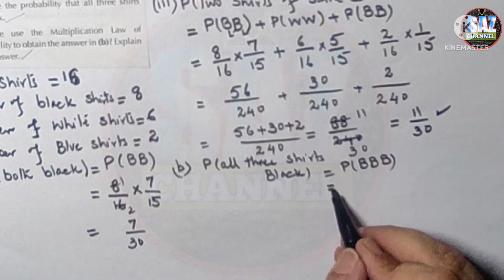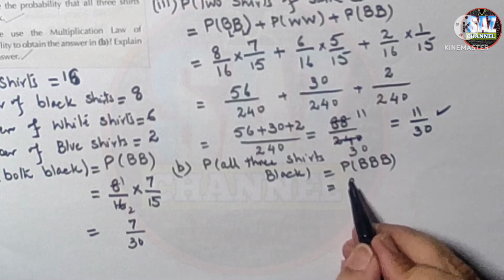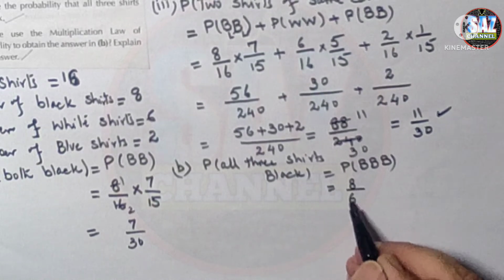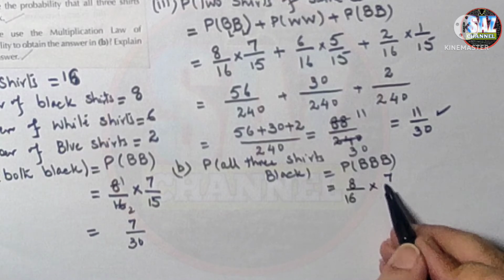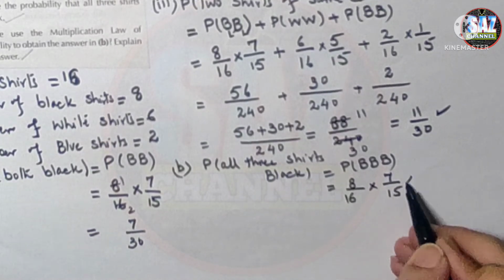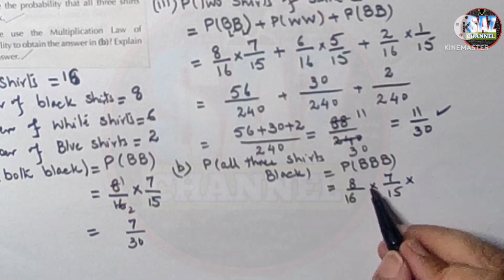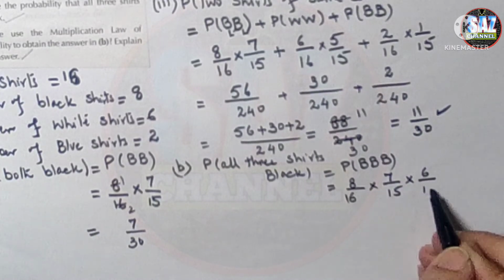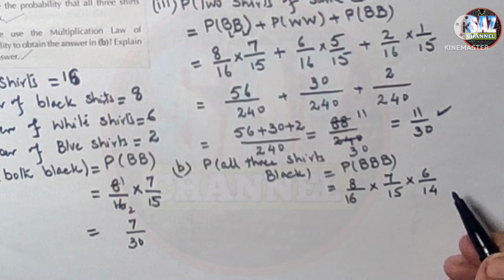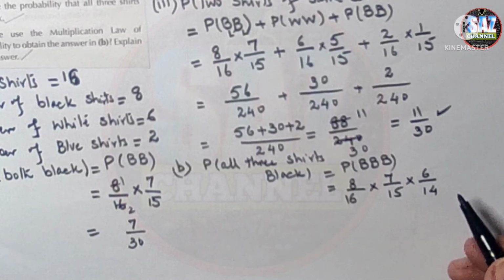So the chances of first black are 8 by 16. I have picked up one shirt here, so 7 by 15 multiplied by, I have picked up the second shirt here, so 6 by 14, all shirts are black.